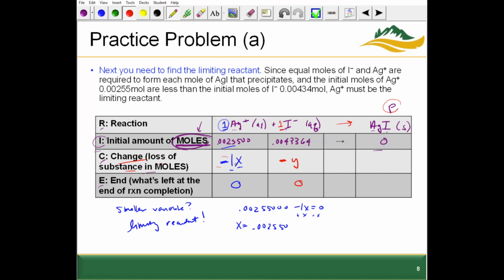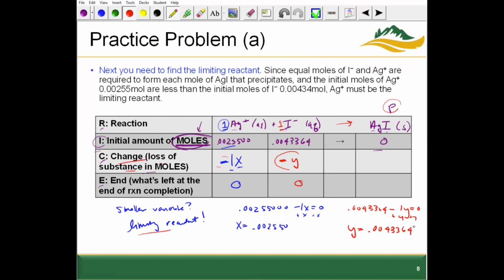Then we do the same thing for iodide. So we have 0.0043364 minus 1y is also equal to 0. Remember, we want to figure out the smaller variable to tell us which one is the limiting reactant. So we add y to both sides, so y is equal to 0.0043364.